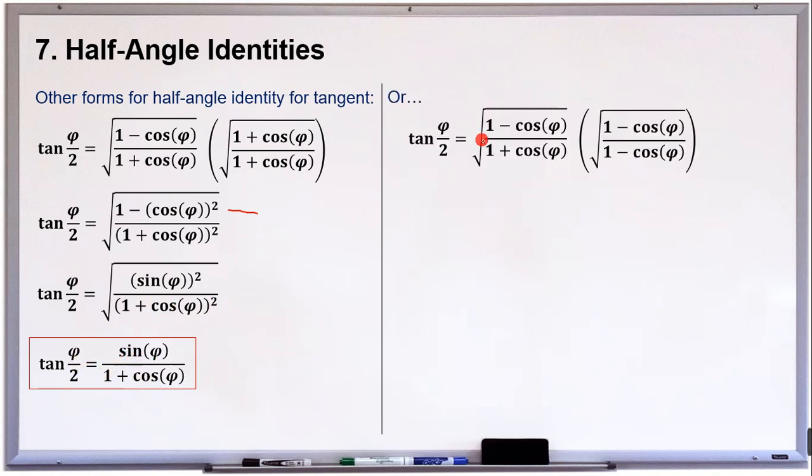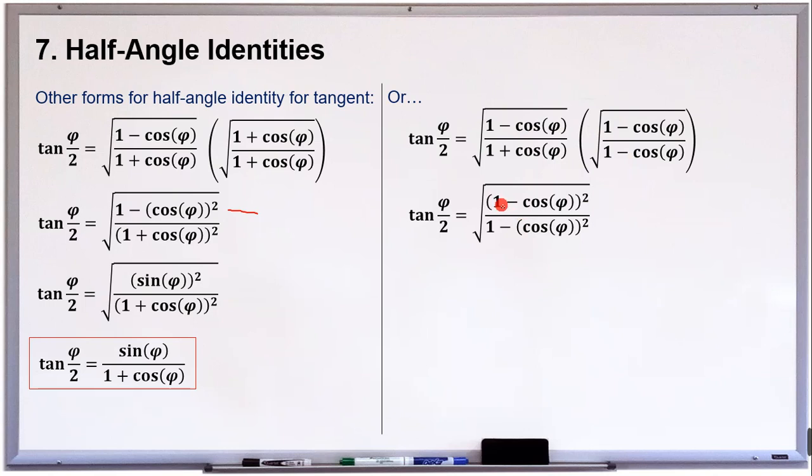Or instead of multiplying by the conjugate of the numerator, we can also multiply by another conjugate that is in terms of the denominator. So we're going to use this unit fraction, the square root of 1 minus cosine phi over 1 minus cosine phi, multiplying this to our expression.